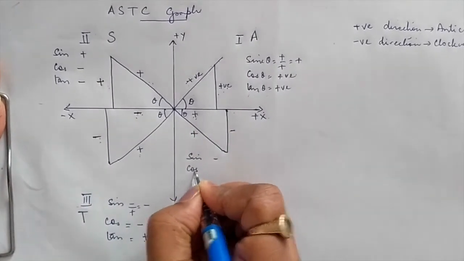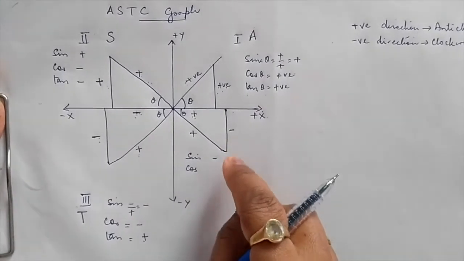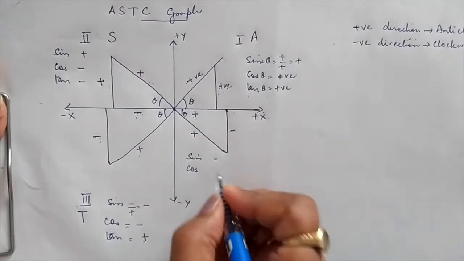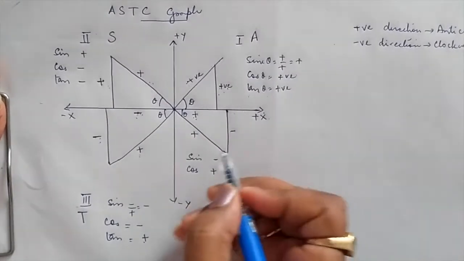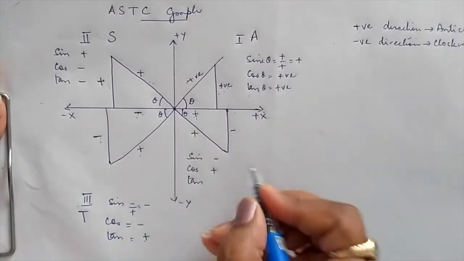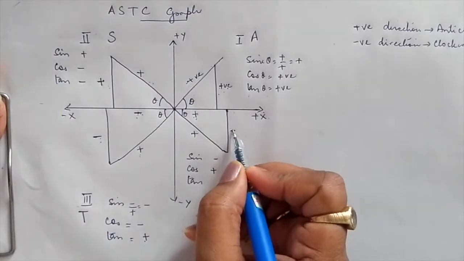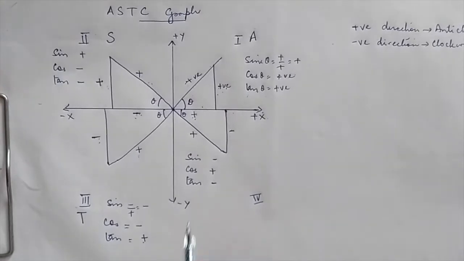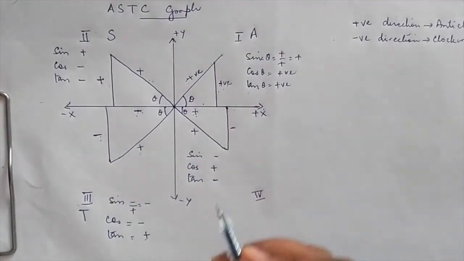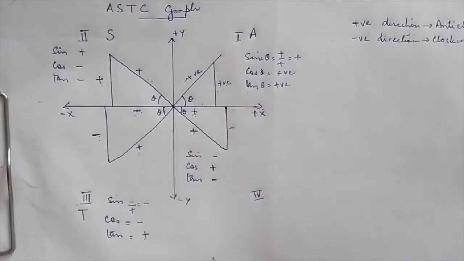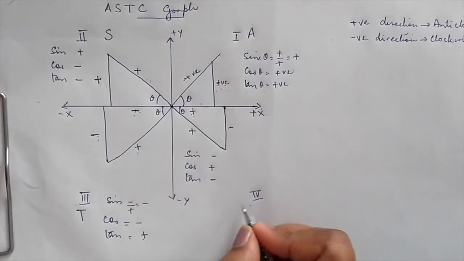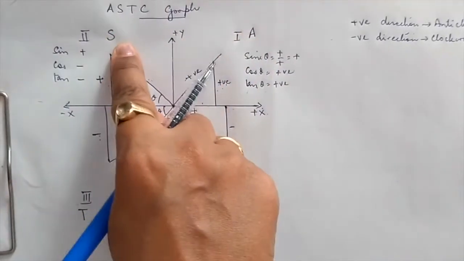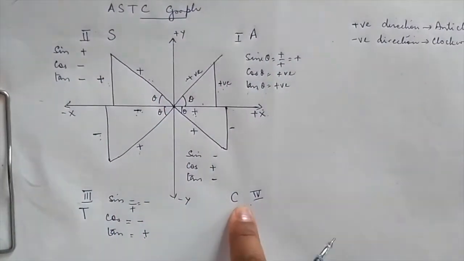Cos is B by H, so positive upon positive will give me positive. Tan is P by B, so negative upon positive gives me negative. So in the fourth quadrant, it's only cos which is positive. That is why the fourth quadrant is known as C. Now I have A, S, T, C.